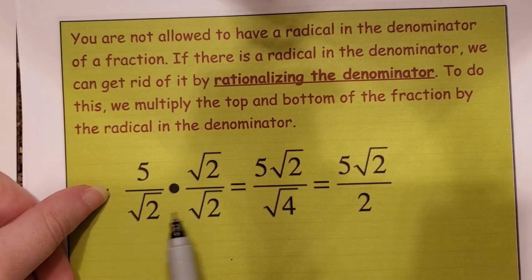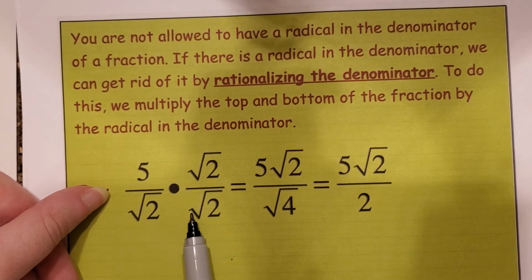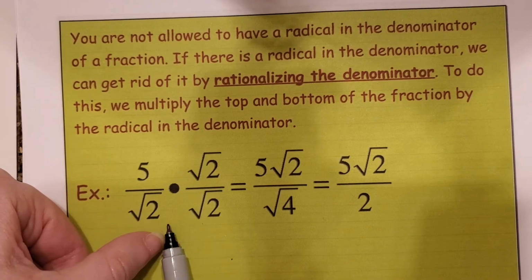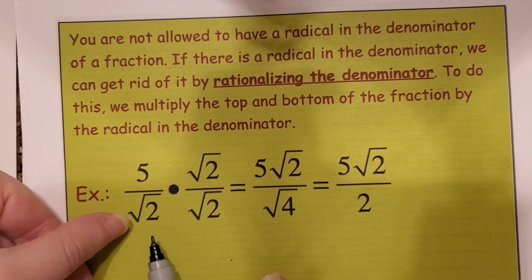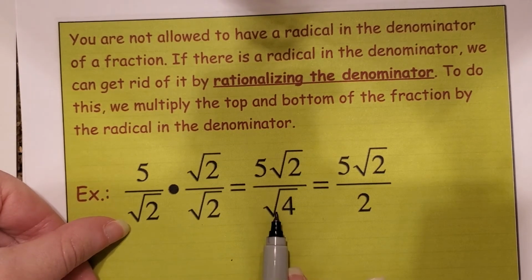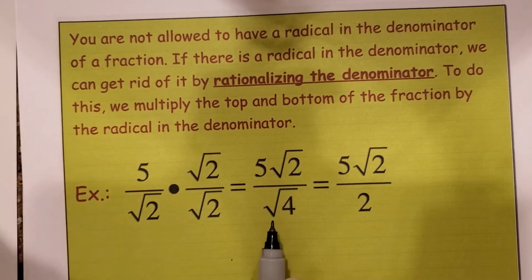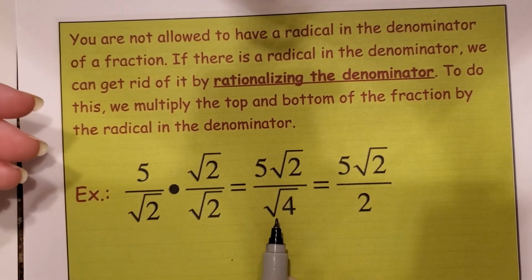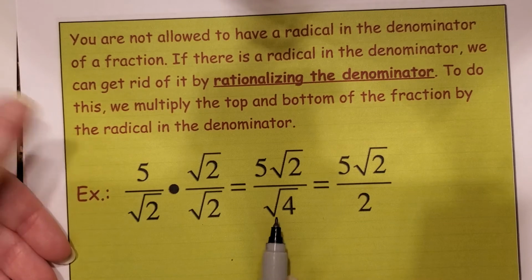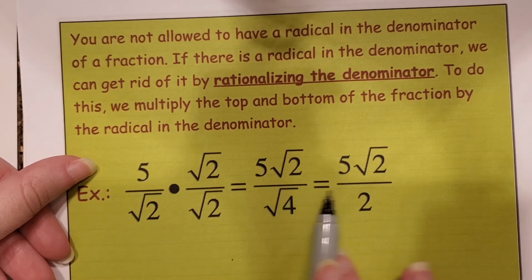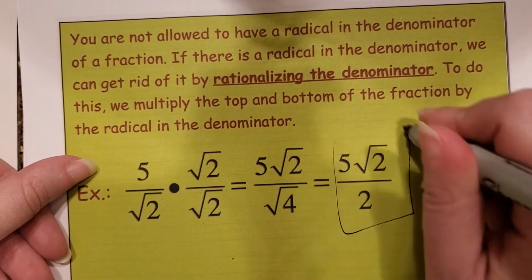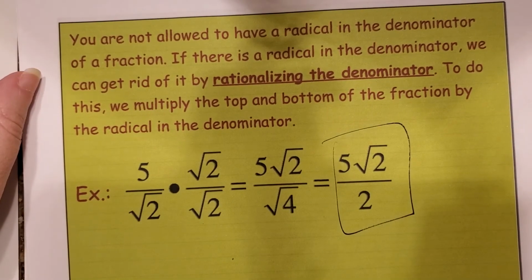So since root 2 and root 2 both have radicals, you are allowed to multiply the numbers together and put it under another radical. So root 2 times root 2 is root 4. And we know what the square root of 4 is. That's the whole reason why we're doing this. The square root of 4 is 2. So this is 5 root 2 over 2. This would be your final answer for a question like this.